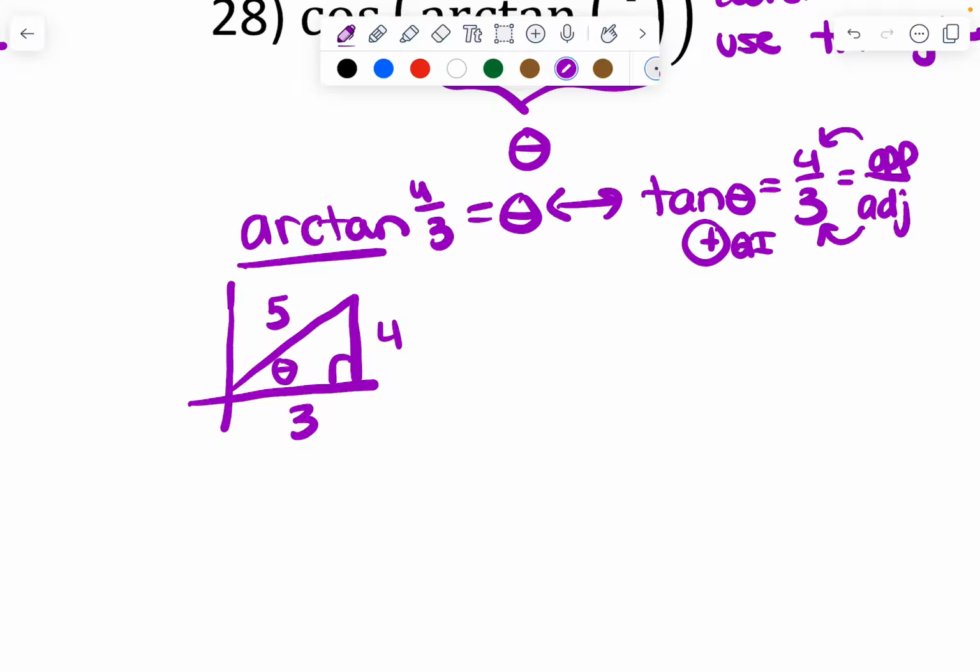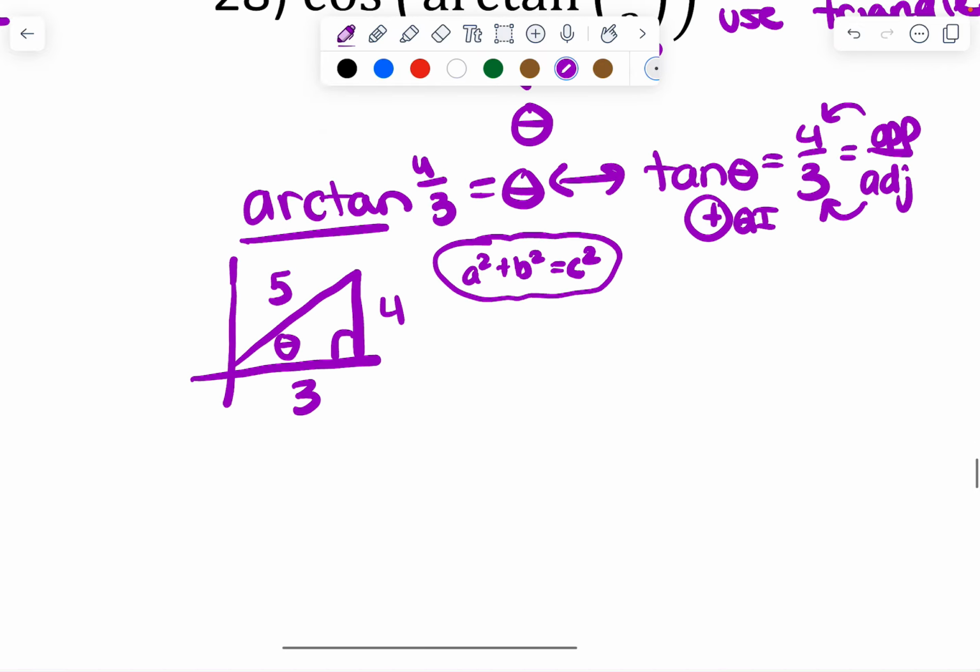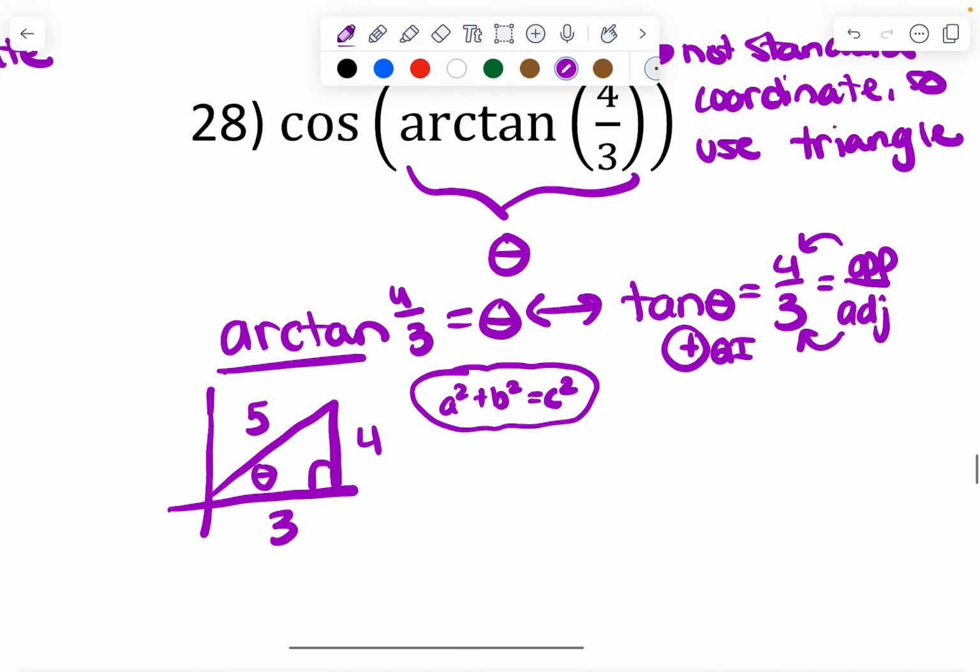Now, if you don't remember that, it's not the end of the world. Just use the Pythagorean theorem, and then you'll end up with 5 as your hypotenuse. I'll do that for the next one. I'm not going to do it for this one, though. So now that we have all three sides for our triangle, you are done with the inner function.